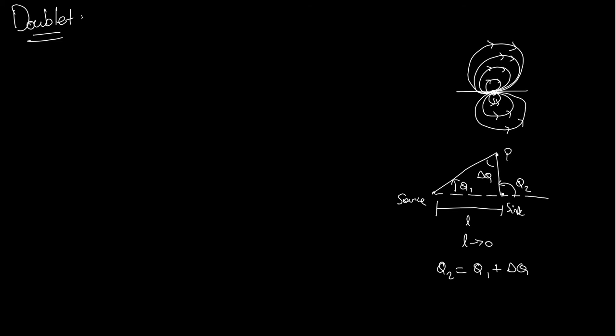And now if I try to calculate the stream function, we know we have to just add the stream functions. So it is psi equals lambda by 2 pi times theta 1 minus theta 2, which is lambda by 2 pi times minus delta theta, because delta theta is theta 2 minus theta 1. So it is minus lambda by 2 pi times delta theta.